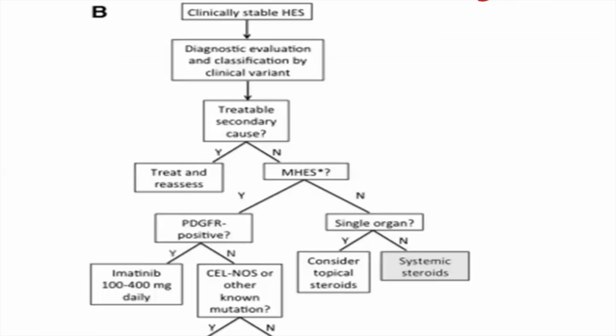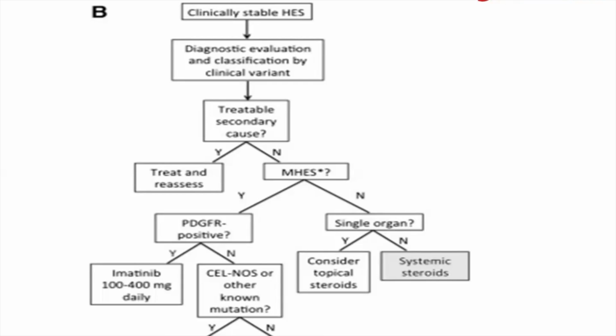So, for a clinically stable hypereosinophilic patient: diagnosis, evaluation, and classification by clinical variant. Whatever would be the secondary cause, we treat the secondary cause. If they respond, we treat and reassess. If there's no response, we evaluate for myeloproliferative HES.